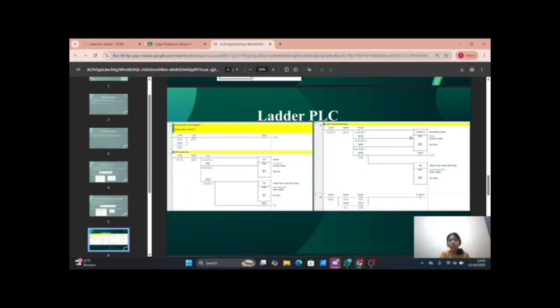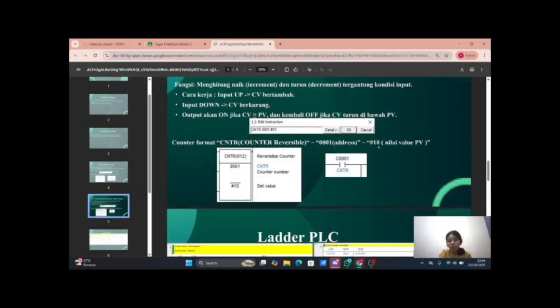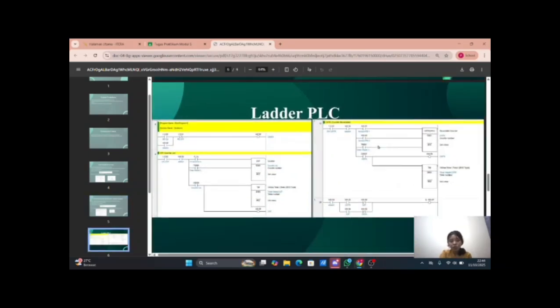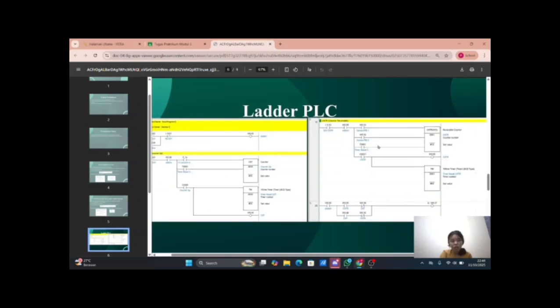Both operations are handled in a single counter block. Timer T00001 is also an input to introduce timing delays and synchronization between count operations.